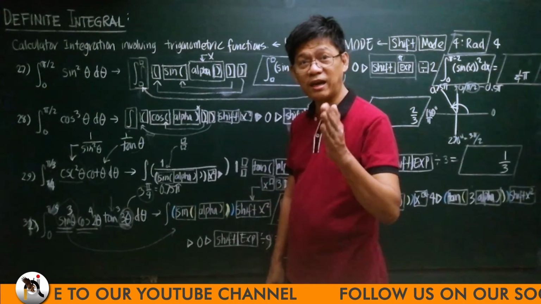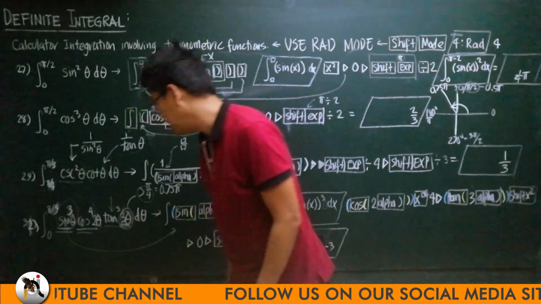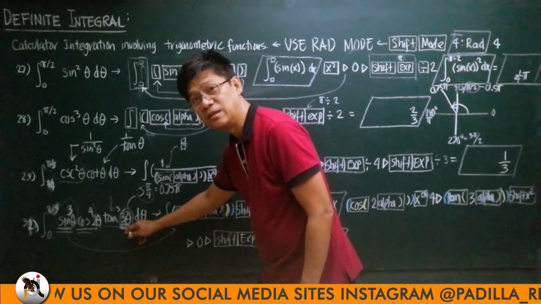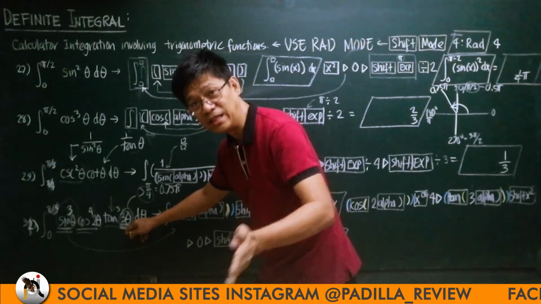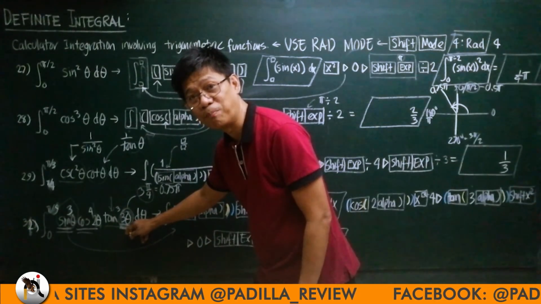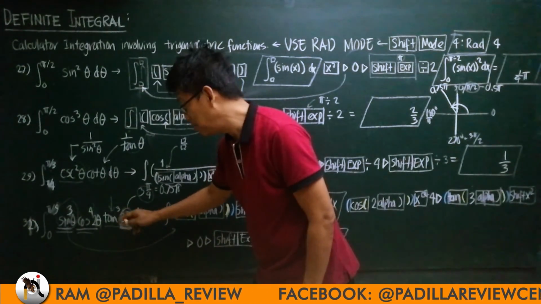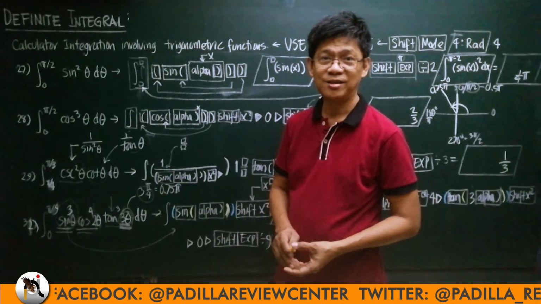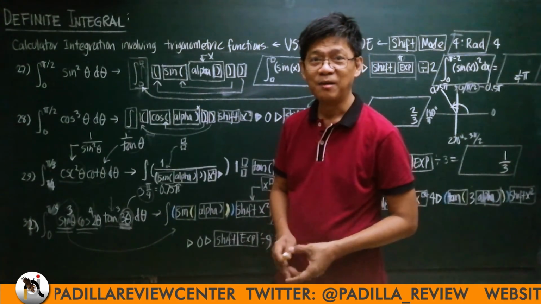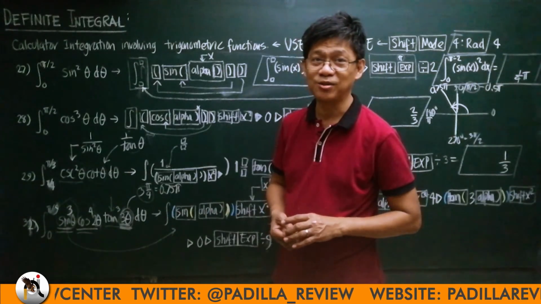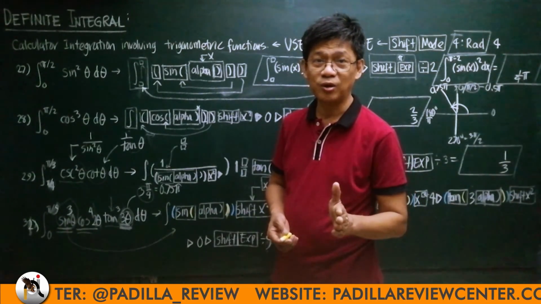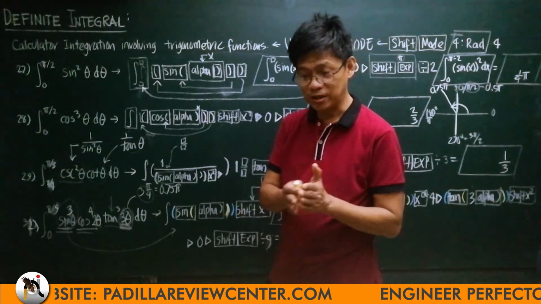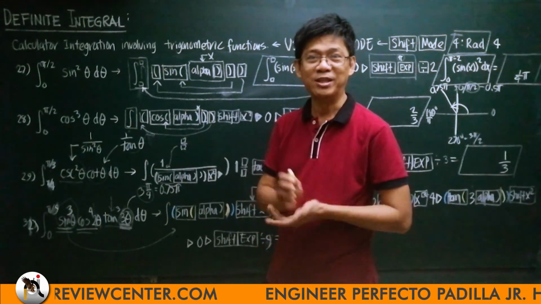So you cannot have a limit wherein it will make the tangent of an angle the tangent of 90 degrees or tangent of pi over 2, because tangent of pi over 2 is undefined. Okay? You follow? Math error in your calculator is a result of an undefined value somewhere in between. You get it?